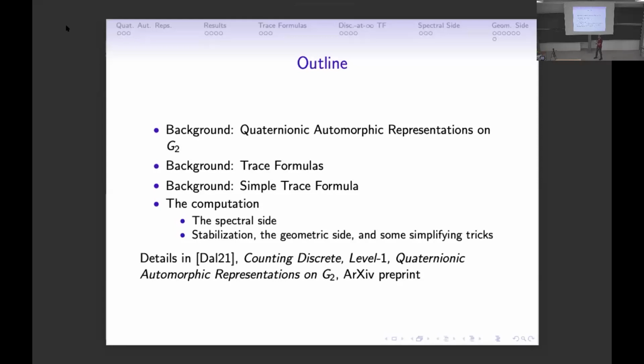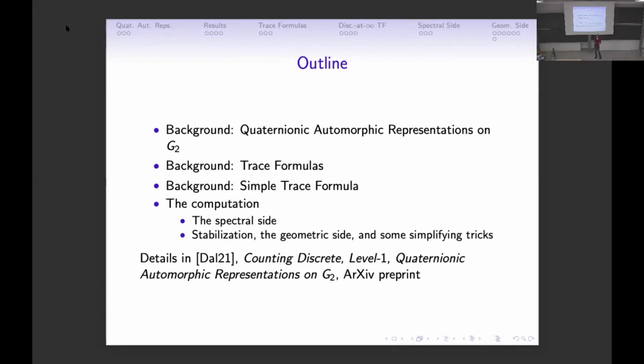Just as an outline, I'm going to start by defining and motivating what a quaternionic automorphic representation on G2 is. After that, I'm going to give some background on trace formulas and why they're sort of the right tool to attack this problem of understanding these quaternionic automorphic representations. Then I'm going to talk about the specific simple trace formula that makes this a tractable problem.